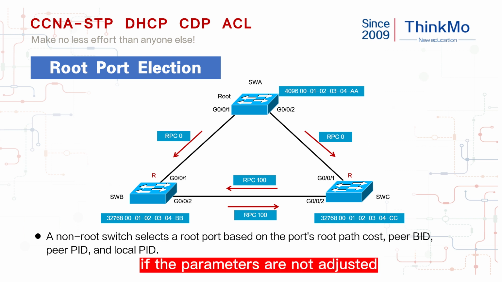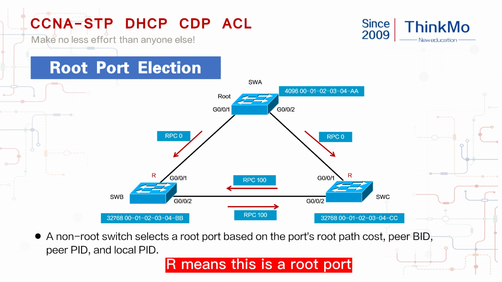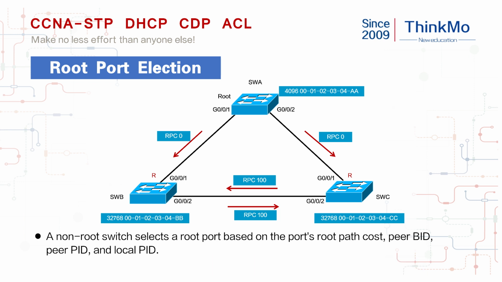If the parameters are not adjusted, definitely these 2 interfaces have an R written on them. R means this is a root port. It is the port closest to the root on each device. This interface is definitely closer to the root than it is. So these 2 are the root ports.